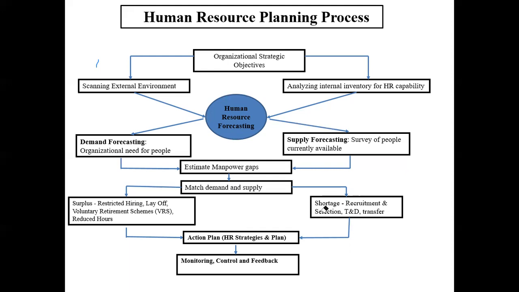Now, when you recruit these people, it is also necessary that you train and develop them to imbibe the organization's culture and way of working. You may also adopt an action plan such as transferring employees from some of the available campuses to the new one that you'll be setting up to cater for the deficit or shortage. So these are some of the avenues that you can take.